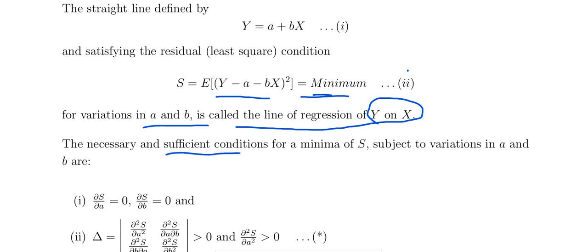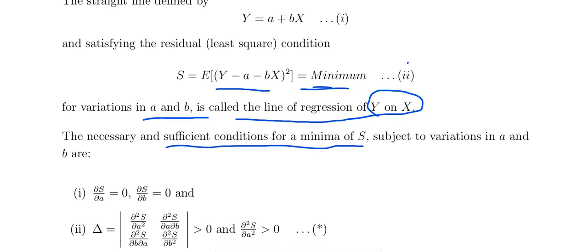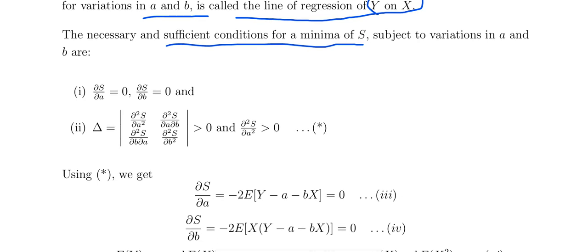The necessary and sufficient condition for the minimum of S subject to variation in a and b is dou S by dou a equal to 0 and dou S by dou b equal to 0, and delta, the determinant of dou square S by dou a square, dou square S by dou a dou b, dou square S by dou b dou a, and dou square S by dou b square, should be greater than 0, and dou square S by dou a square should be greater than 0.